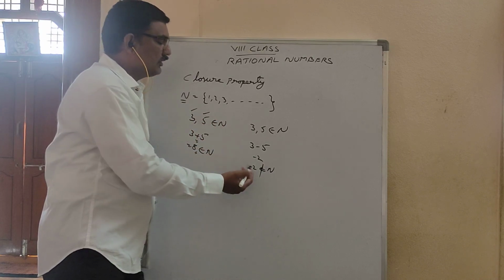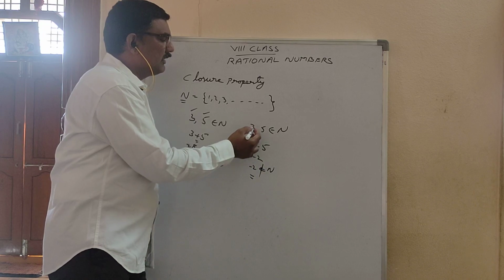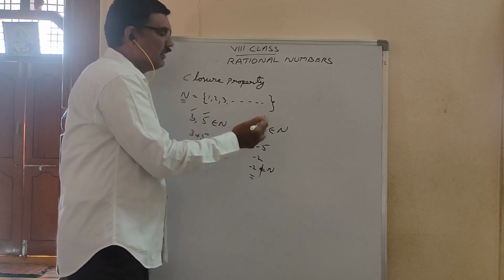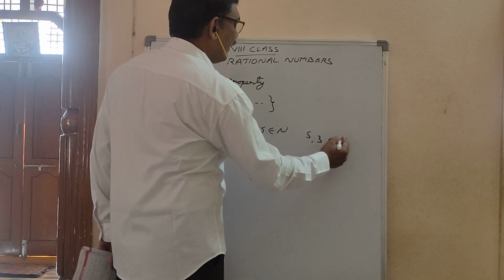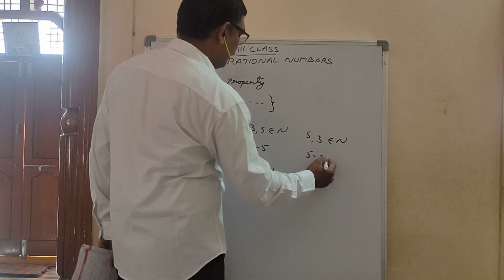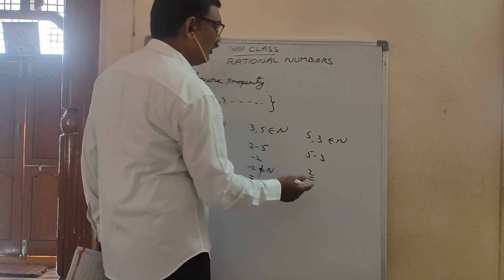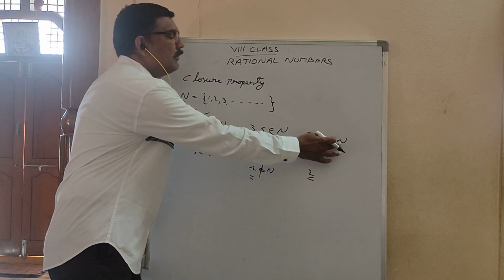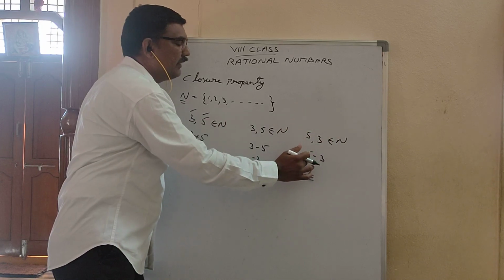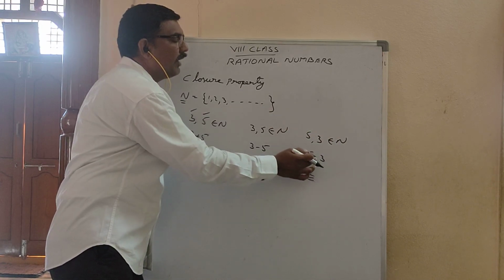Now go for what? Multiplication. Some students will think, sir, we will reverse the digits. If you are taking 5, 3 and 5 minus 3, you got the result 2. So can you say that the set of natural numbers is satisfying the closure property under subtraction?